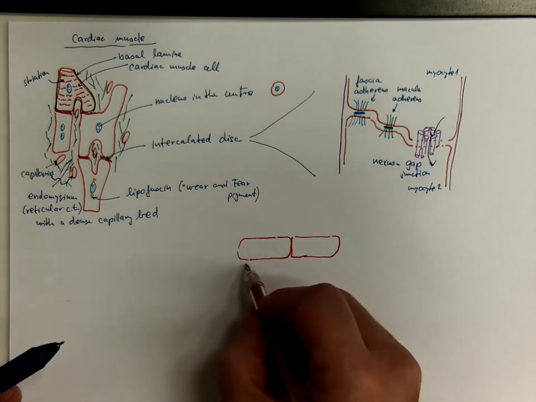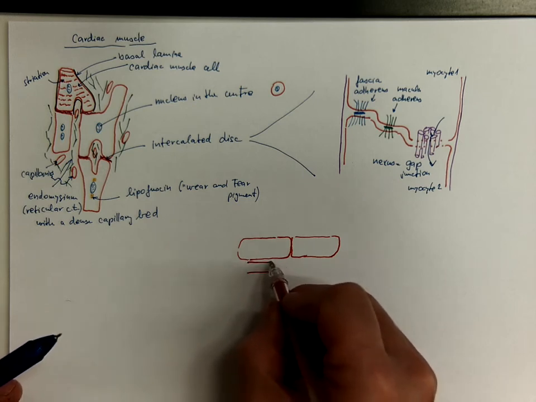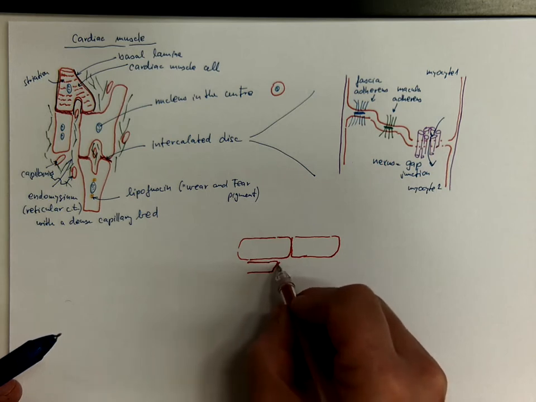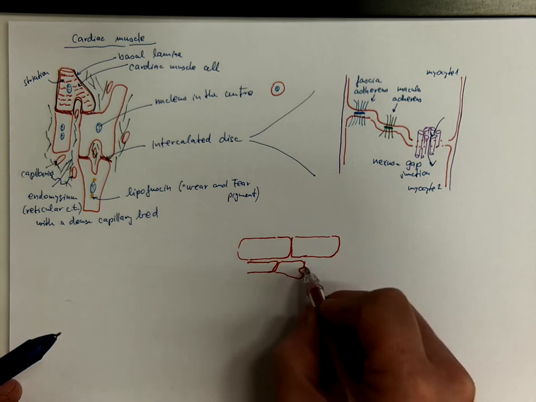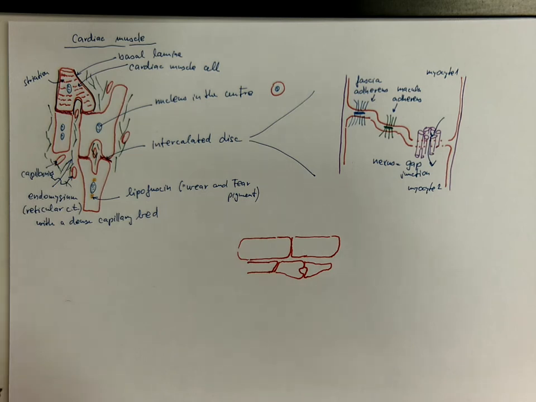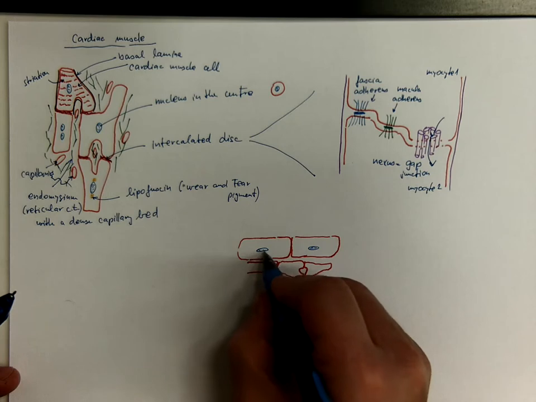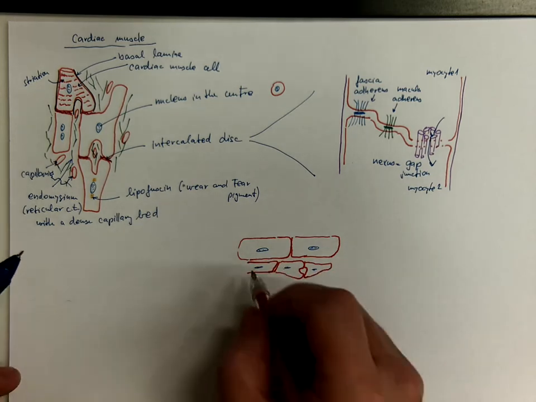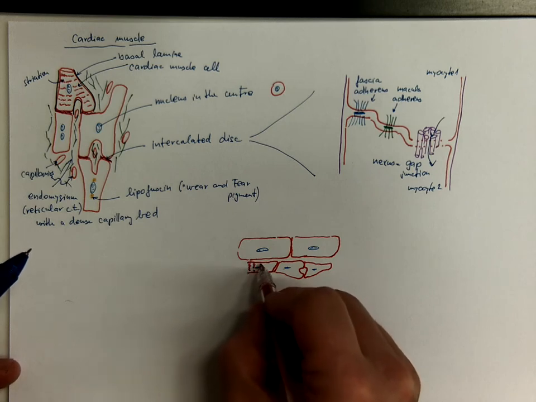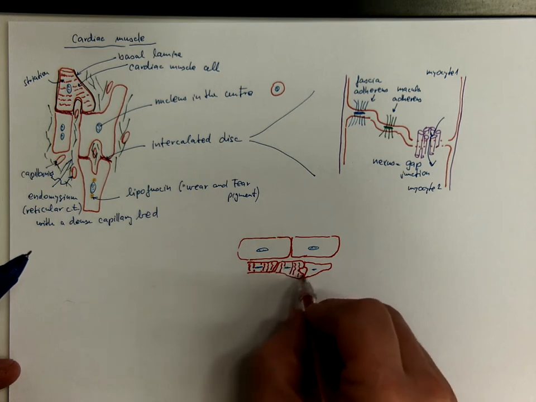In comparison with the working myocardium, with the regular working cardiac myocytes, the Purkinje fibers are larger and less intensely stained. They also have nuclei in the center, but the working myocardium has a better visible cross-striation pattern. It has more myofibrils.